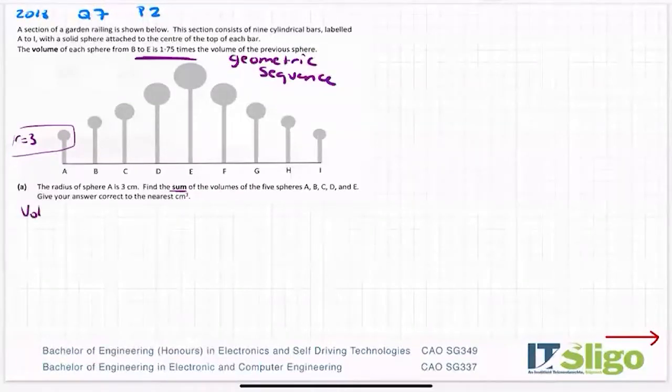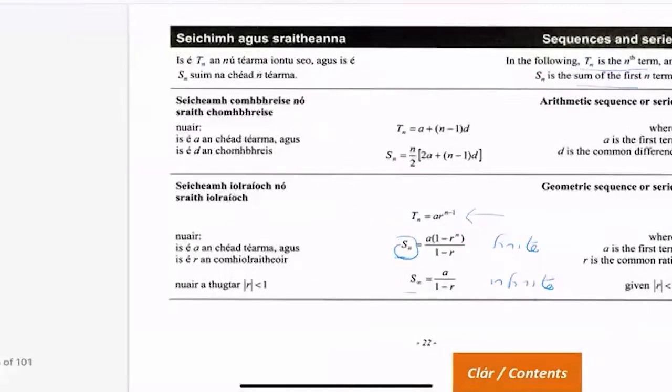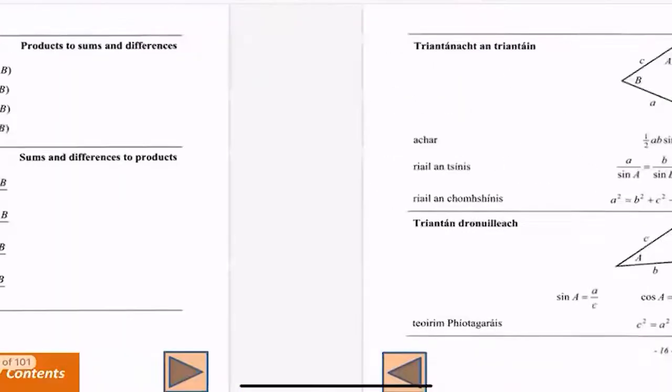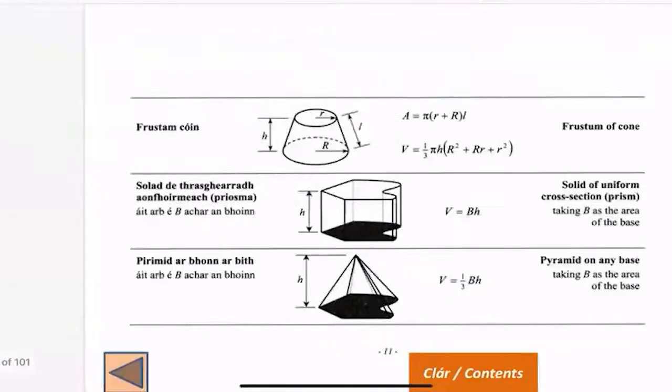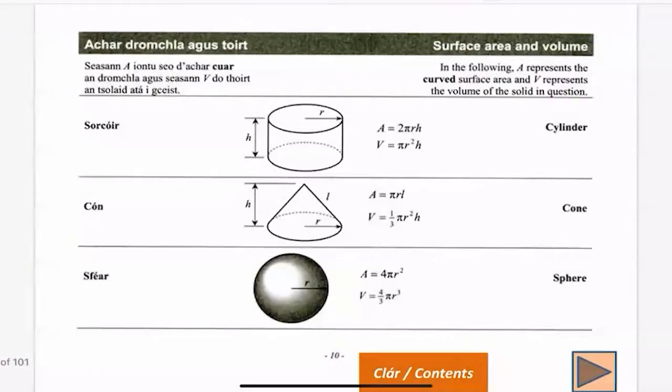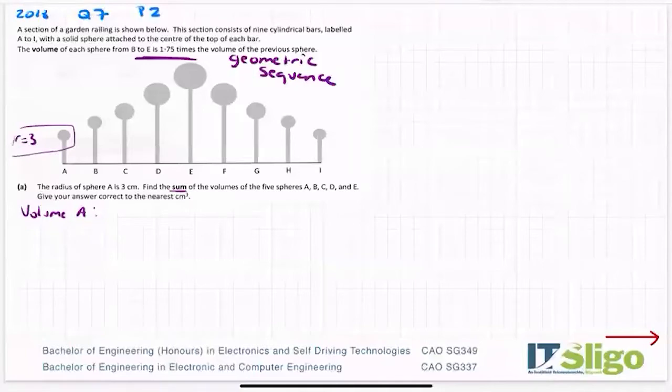So I'm going to get the volume of A first. What am I finding? The volume of the spheres. So in my log tables, let's go back to find the volume of a sphere: 4/3 pi r cubed. So V is equal to 4/3 pi r cubed.